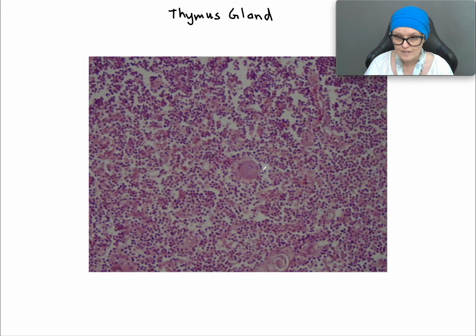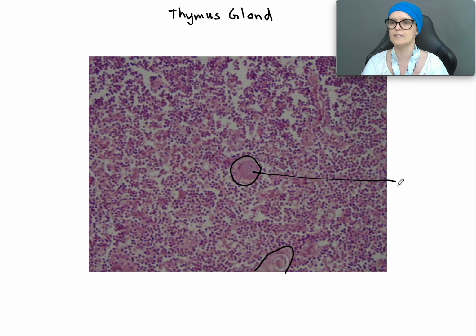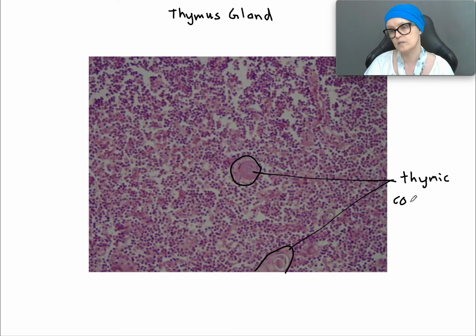Okay, and these structures, there's one here, and there's part of one here. To me, they look a little bit like wonky boiled eggs. And this is a thymic corpuscle.